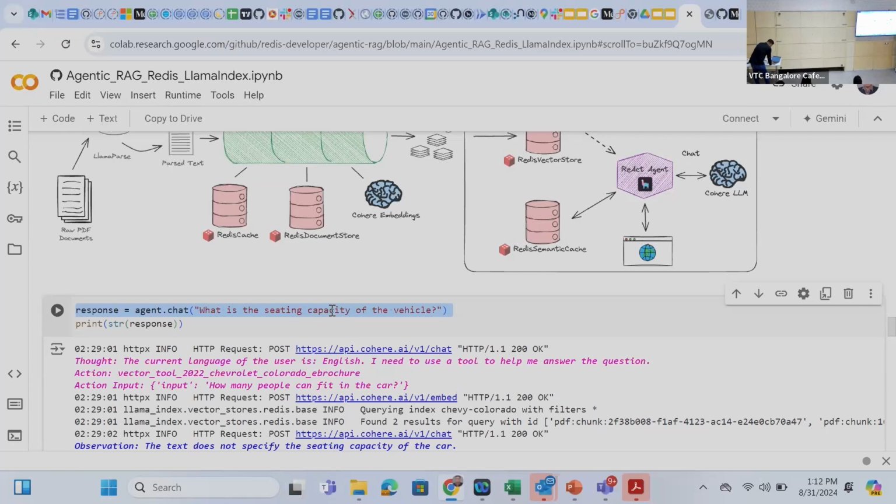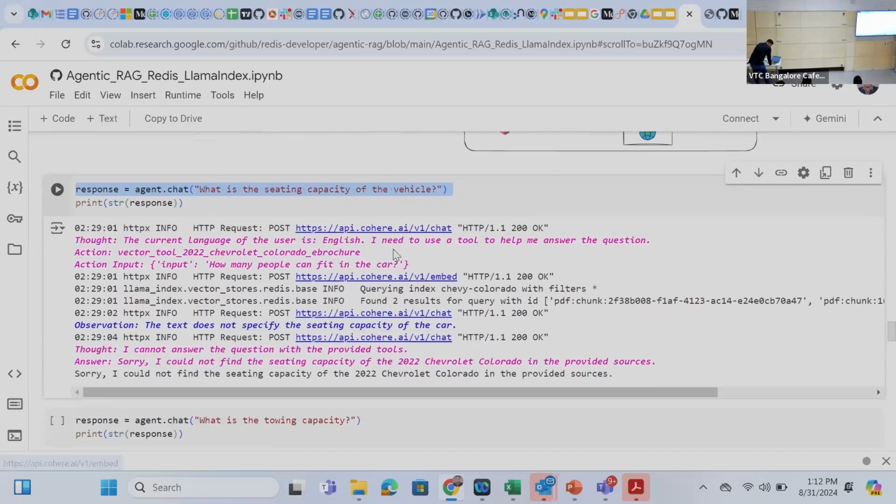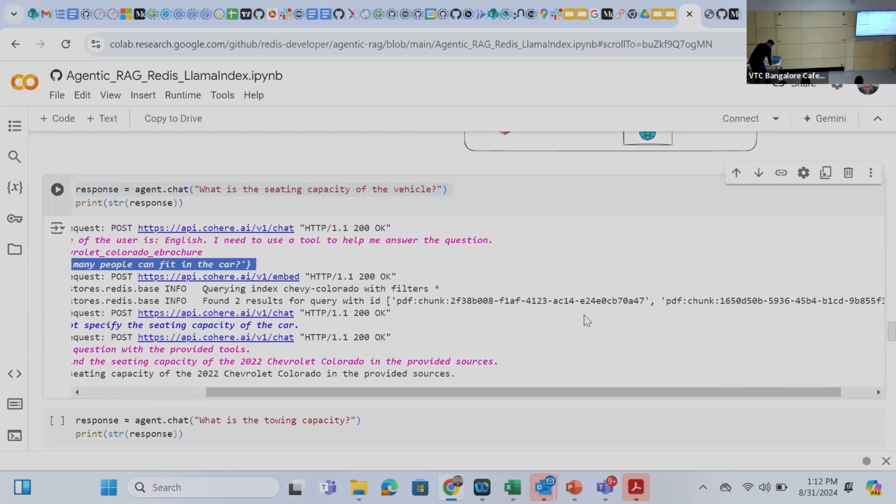So if you see over here, there have been calls to fetch this information. It recognizes the input that I have given, and based on that, it makes multiple calls. It fetches the chunks which may have this information.